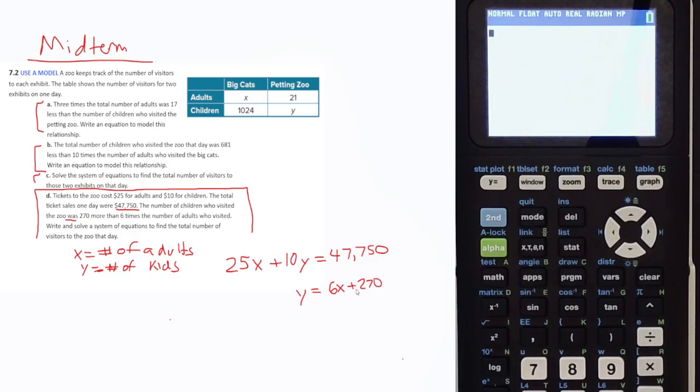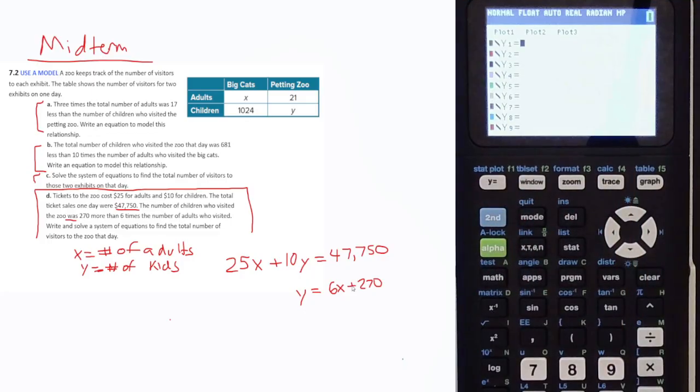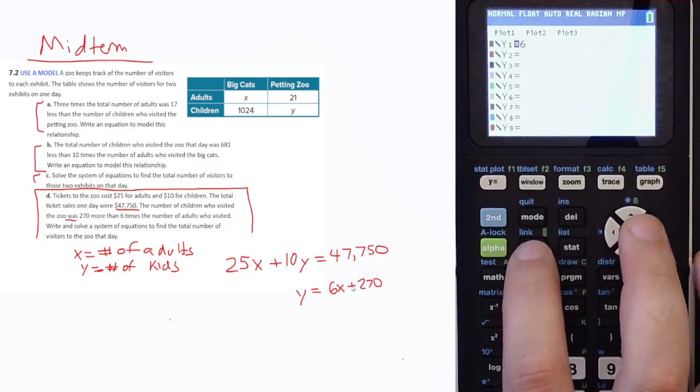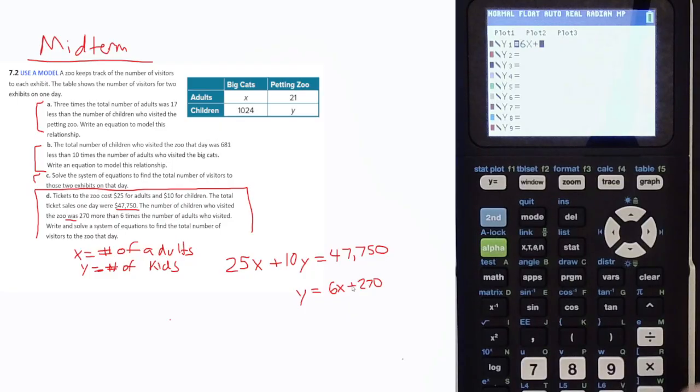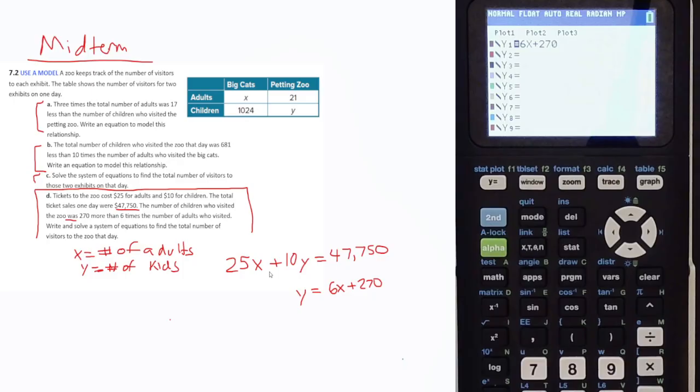Now this one is already in slope-intercept form, so if I press y equals, I can pretty easily just type 6, here's the x, remember this x button, plus 270. Okay. Now the other one is in standard form, even though it could be simplified. Let's divide this all by 10 and then get this over here.